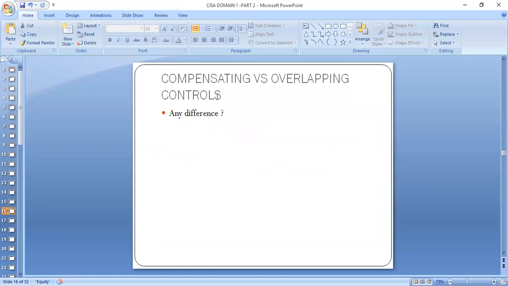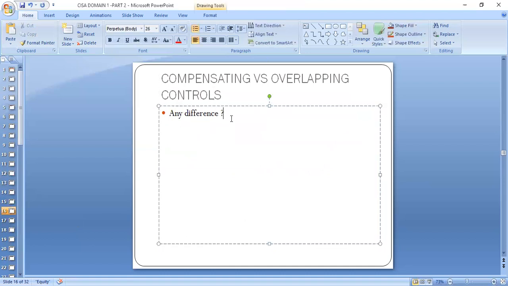Then we have compensating controls and overlapping controls. Now, the question is, what are compensating controls? Compensating controls are layers of strong and weak controls, such that the strong controls compensate for the weak ones.